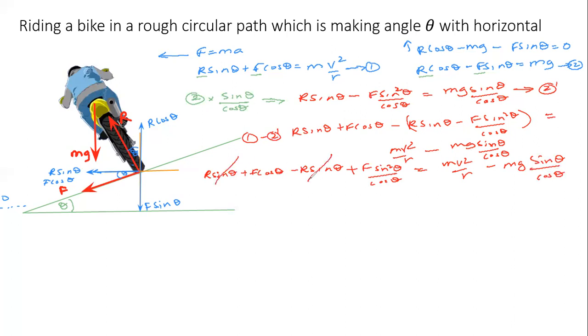Here R sin theta cancels off, and then we have f cos theta and here f. In these two terms, f is common, so I can take that out. Then we have cos theta plus sin squared theta divided by cos theta, equals mv squared over R minus mg sin theta divided by cos theta.